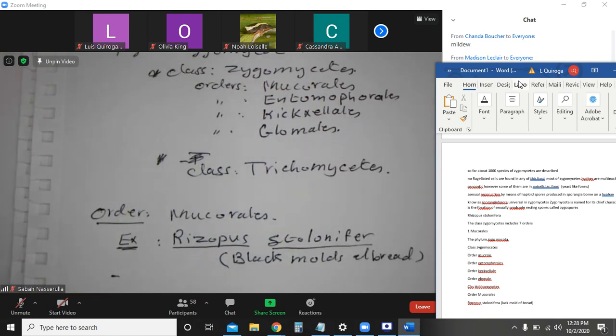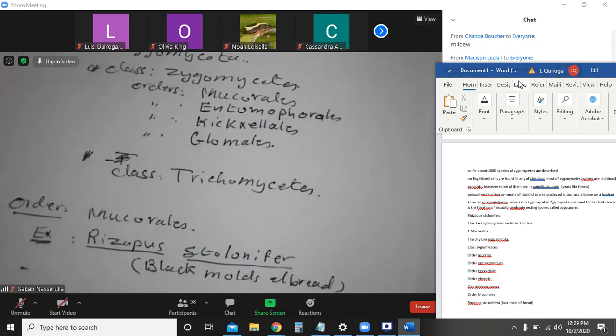So if that fungus can live in many places, that means it has enzymes that can consume many kinds of substrate, and that's why you find Rhizopus all over. If I take a petri dish now and leave it in the air for about half an hour and then incubate it, definitely it is going to show Rhizopus there. The same thing with Penicillium and Aspergillus, but they are from different groups.